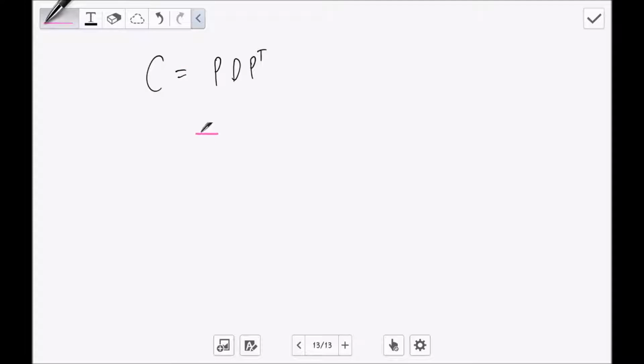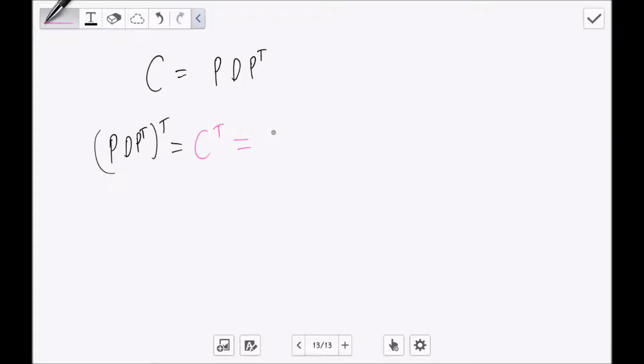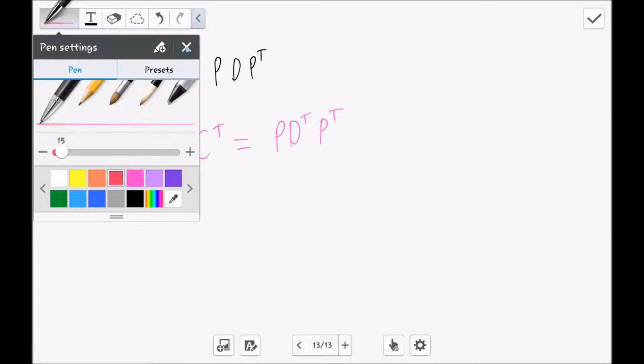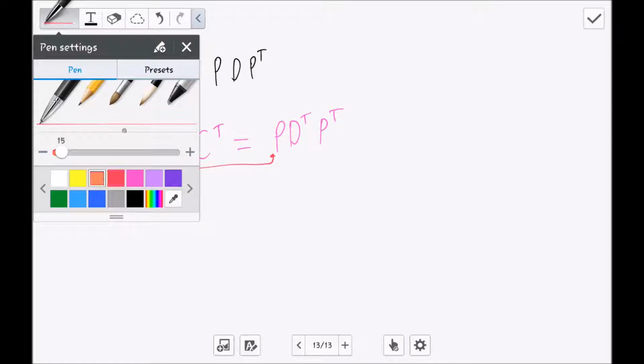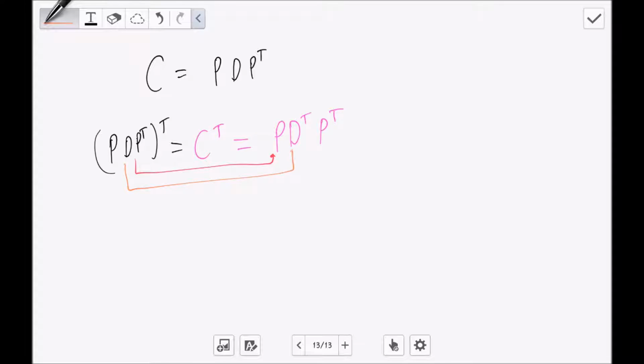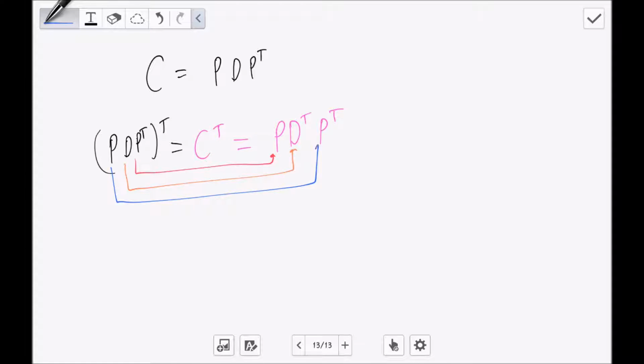Now I want to find C transpose, which is P D P transpose whole transpose. That will actually be P D transpose P transpose. Why? Because each factor's transpose will come here, its transpose will come here, its transpose will come here.